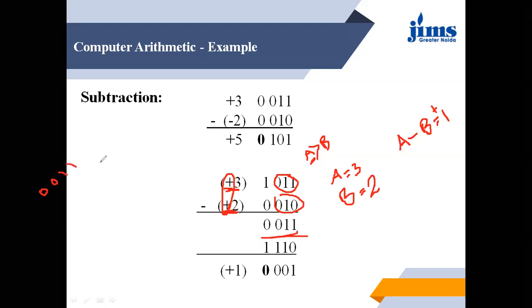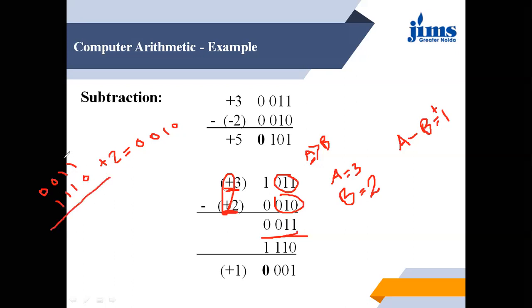And when I have to write -2, +2 is 0 0 1 0, and we have to take the 2's complement of this number. So the 2's complement is 1 1 1 0.